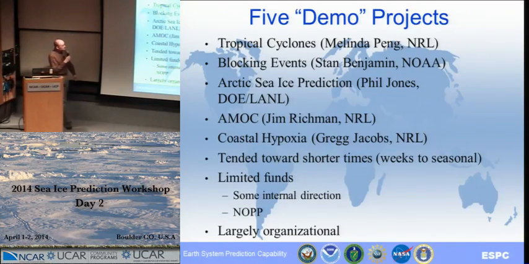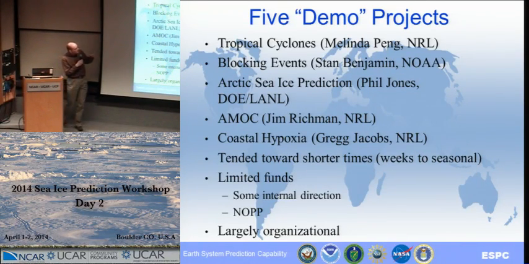But as a result of meeting with a bunch of interagency representatives, they did end up trying to define a few demonstration projects, and I'll say what I mean by a demonstration project in a little bit, but they chose 5 of them. There's a tropical cyclone project led by Melinda Peng at NRL Monterey.